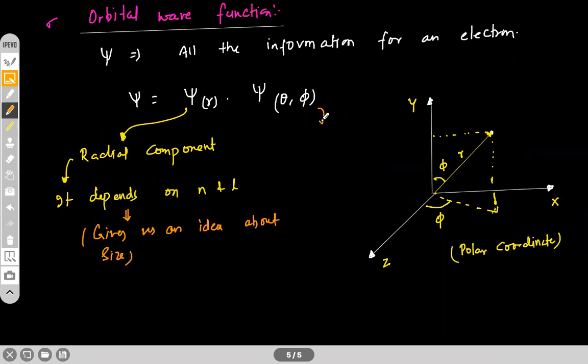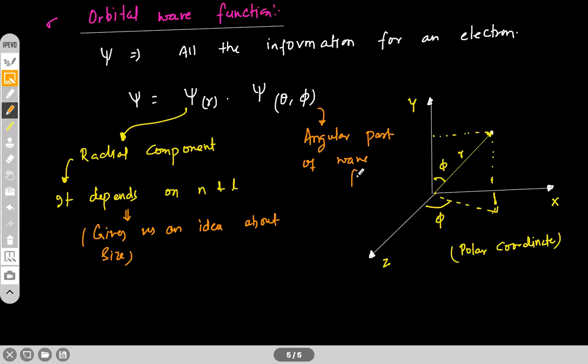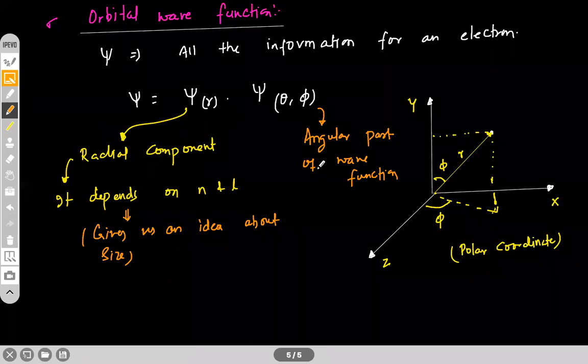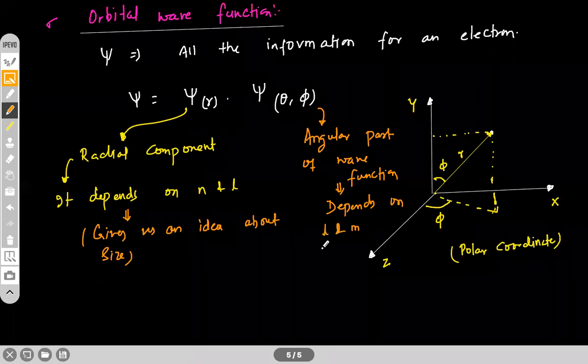Size. This theta and phi, it is the angular component, right? It is the angular part of the wave function, and this depends on L and M. Hence, it talks about the shape of the orbital.